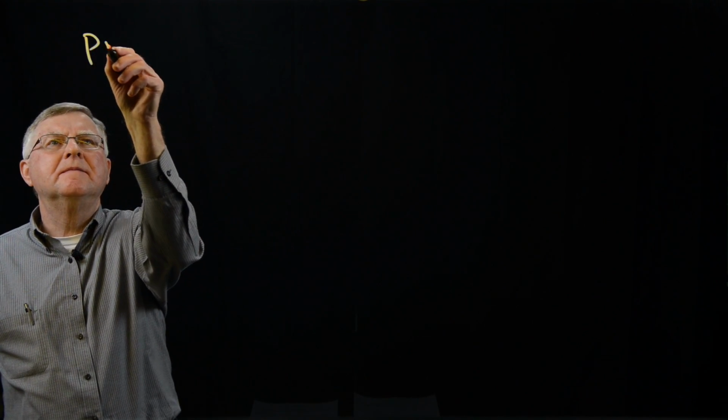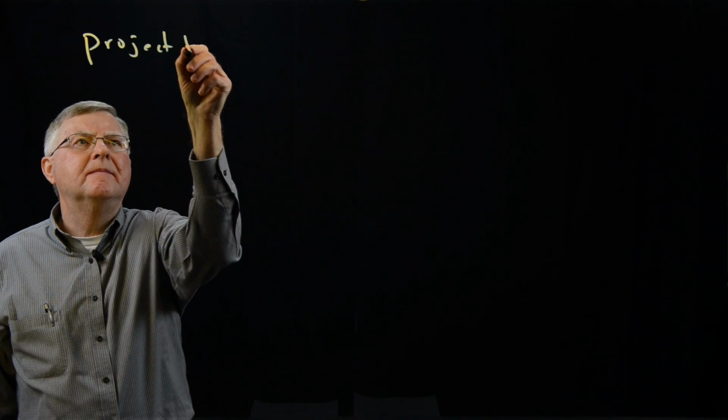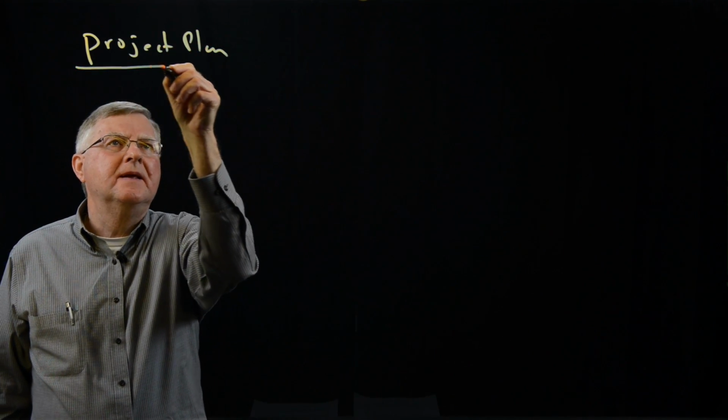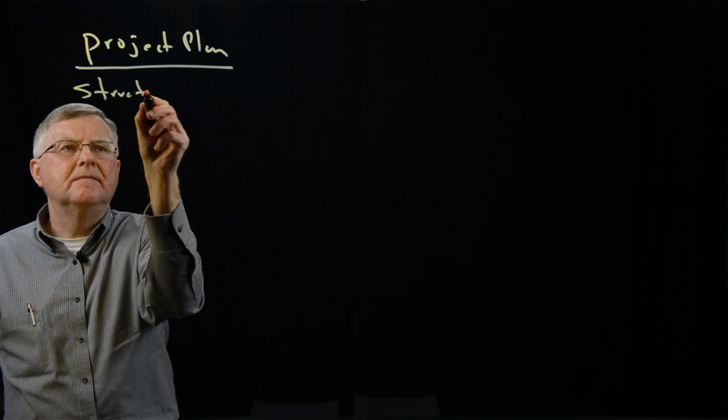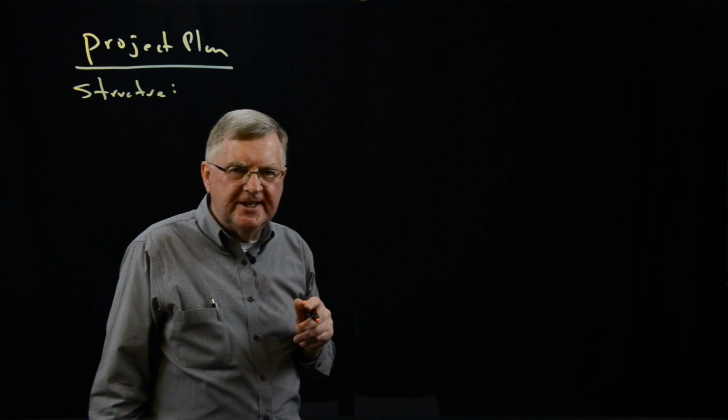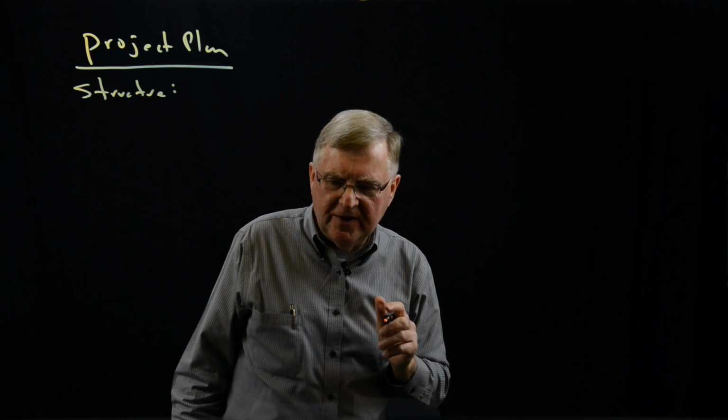We're in the process of looking at the various components of the project plan. And we're going to talk about structure. When considering structure, there are two things we have to look at.